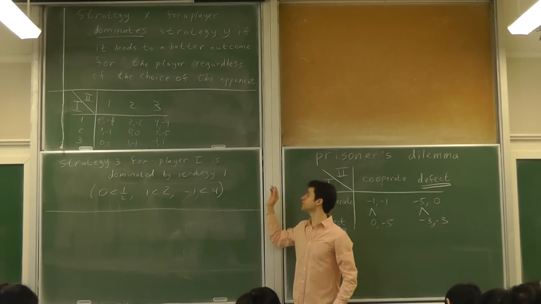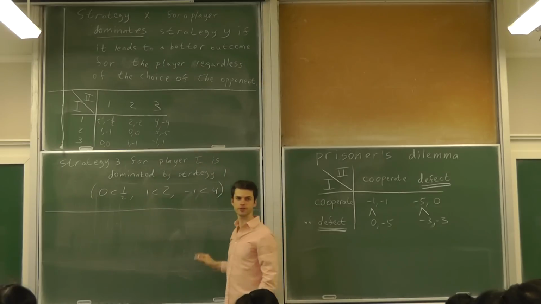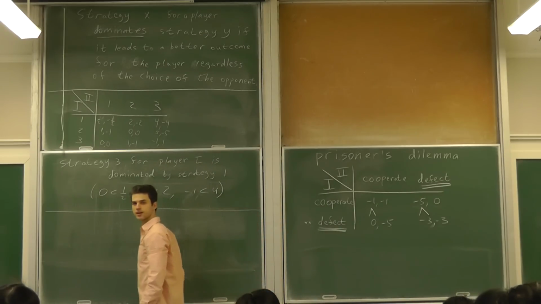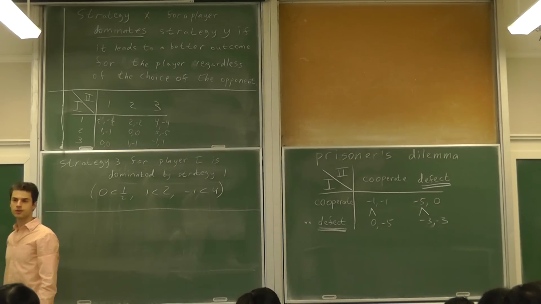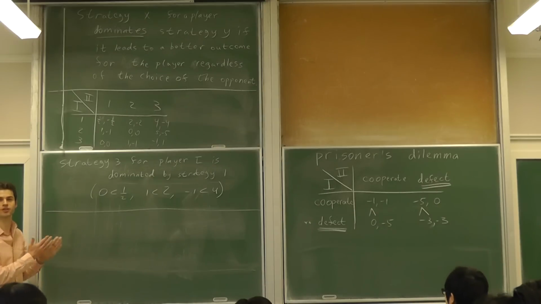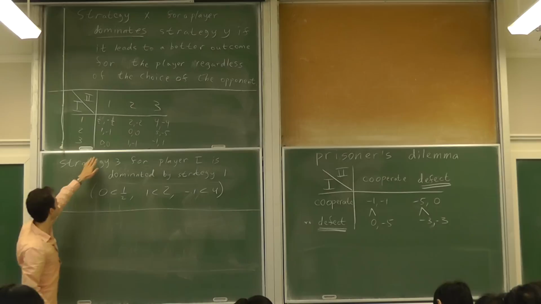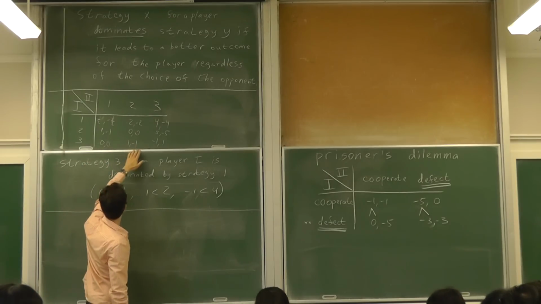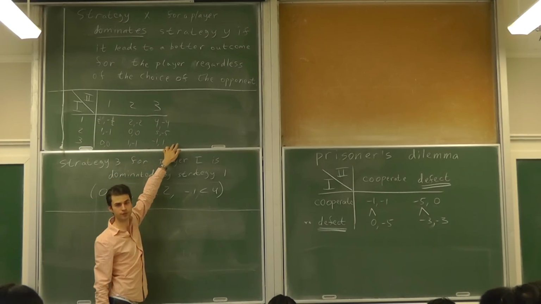Are there any strategies for player 2 which are obviously bad in the same sense? Well, if you look at this table, you'll see that no, there is no one column which is strictly better than the other column. So if you just look here, let's say I want to compare strategy 2 with strategy 3 for the second player.